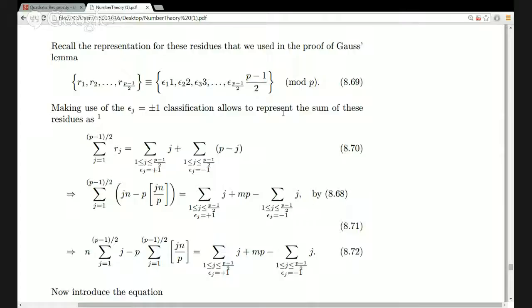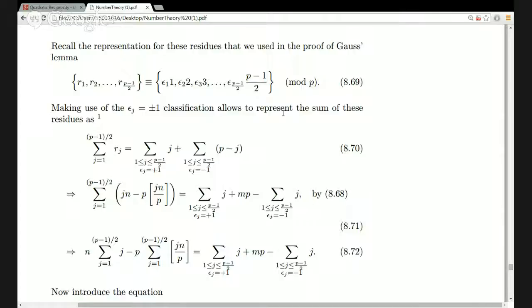Some of these residues are the small remainders between 1 and p over 2. Those are the ones for which this epsilon sign was chosen to be plus 1. And for those j, we're just adding up j. Other of these remainders were the large ones, the ones past the halfway point.